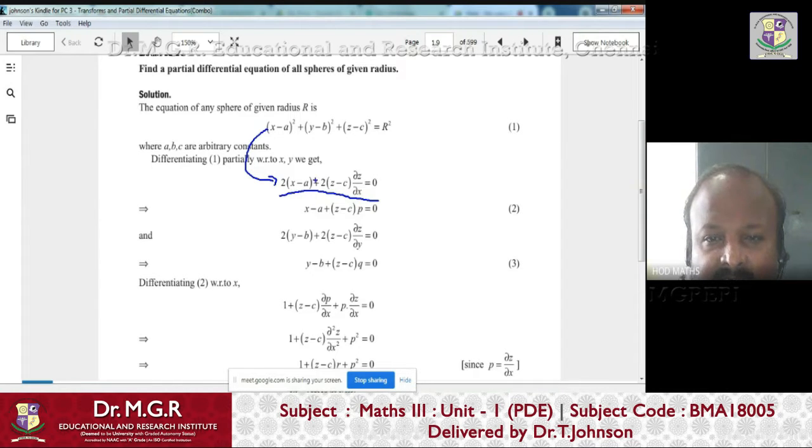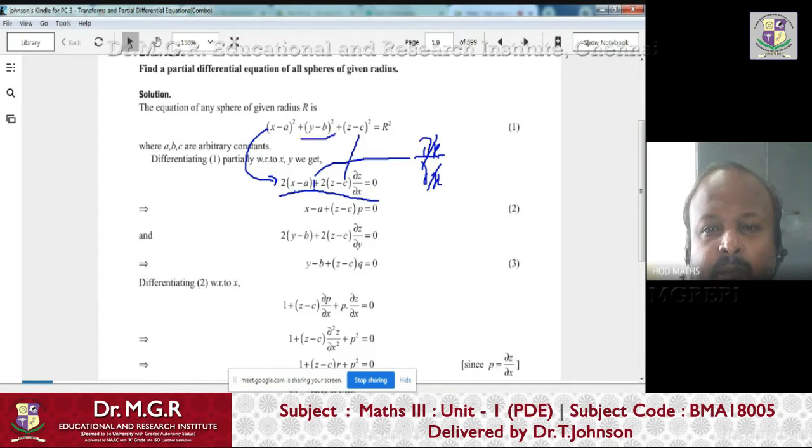Then you may ask, sir, why are you not putting anything here? See, here also we are differentiating x with respect to x. So here what normally comes is dou x by dou x. Since dou x by dou x is 1, we are not putting anything here. But here 2 times (z minus c) dou z by dou x.